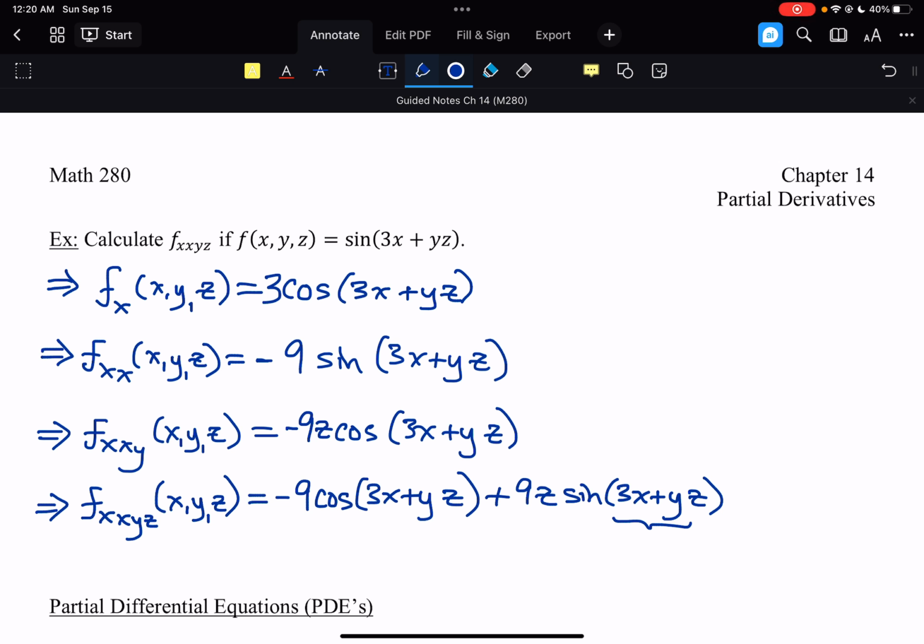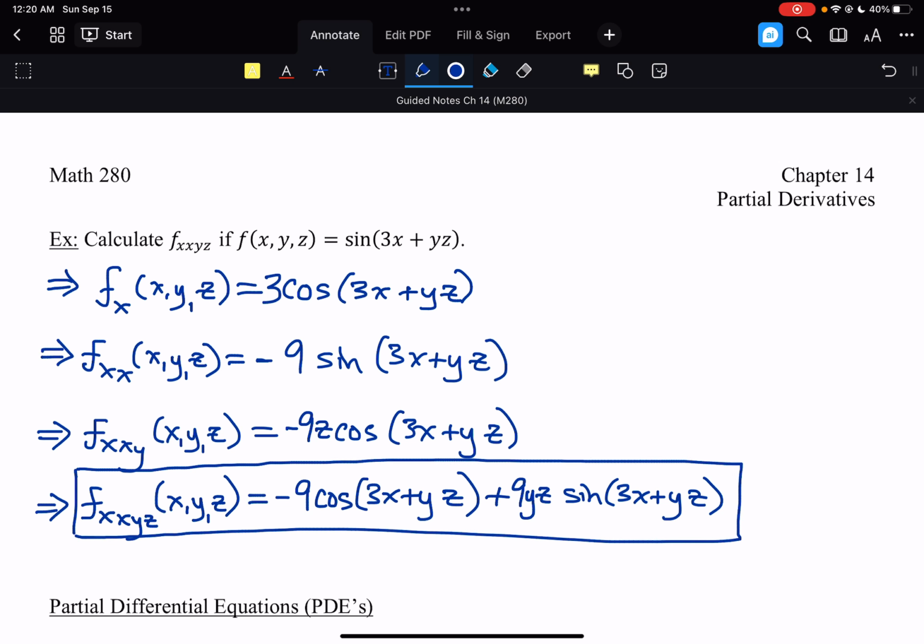Partial with respect to z gives us a 0 plus y times 1. So just y. So we'll just add that up in here. 9yz. And so this would be our partial derivative with respect to x, then y, then z.